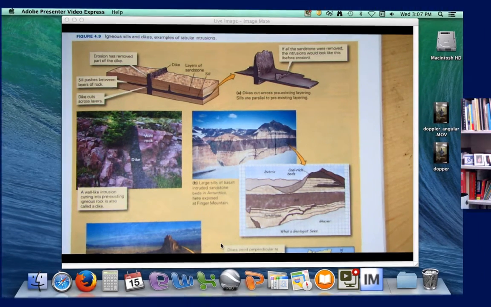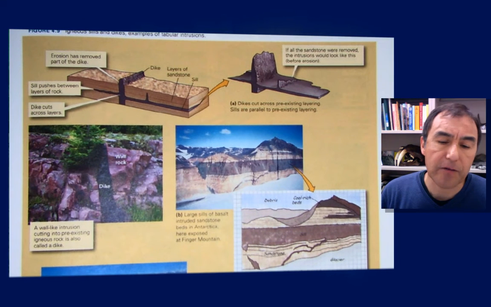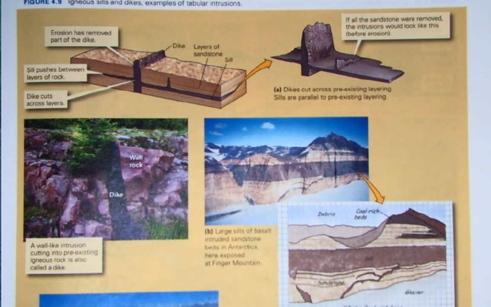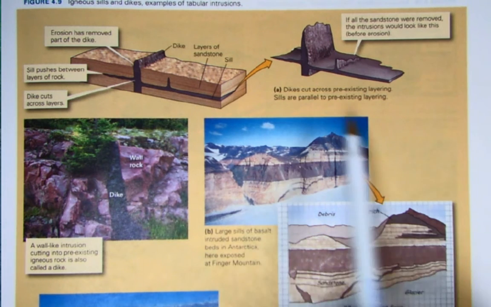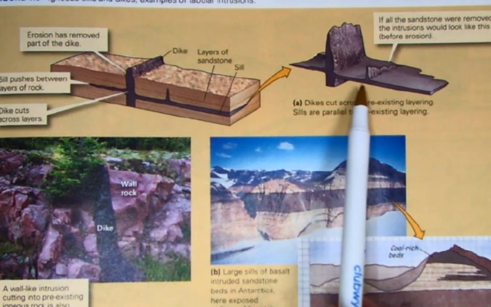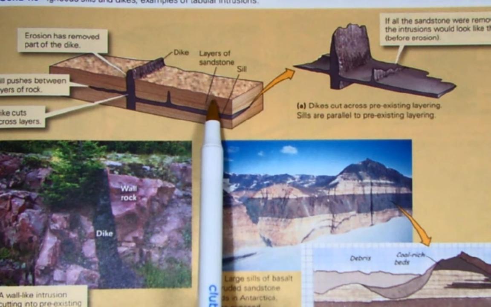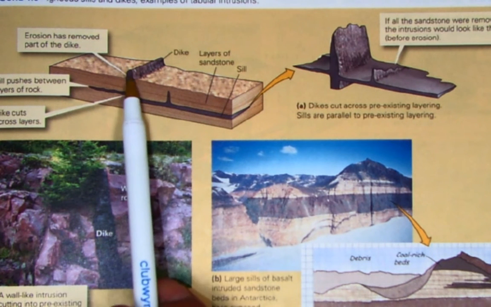All right, so I'm going to show you some of the figures in your textbook that relate to some of these igneous intrusions, right? So in figure 4.9, we're looking at some sills and dikes, or examples of tabular structures. So this is an example of the sill, which would be parallel to the existing layers, right? Concordant, whereas this would be the dike.